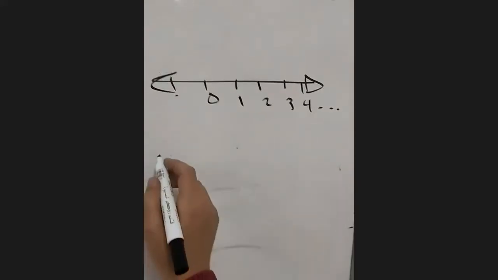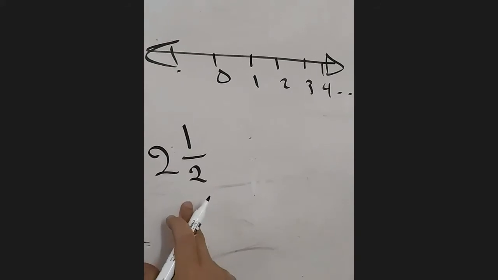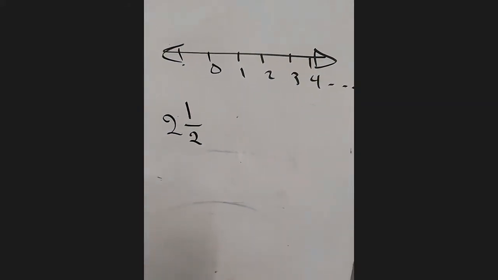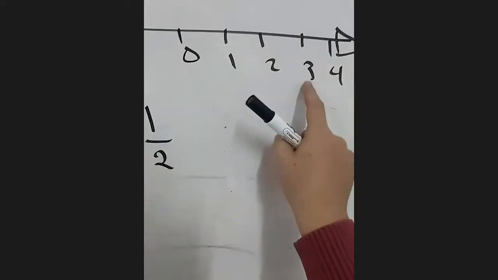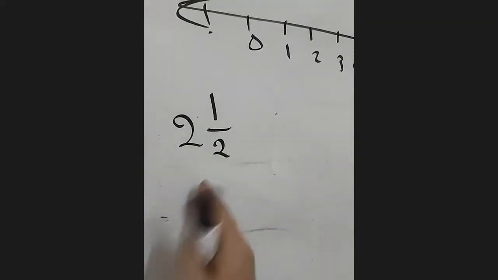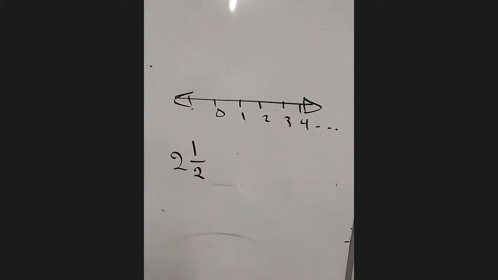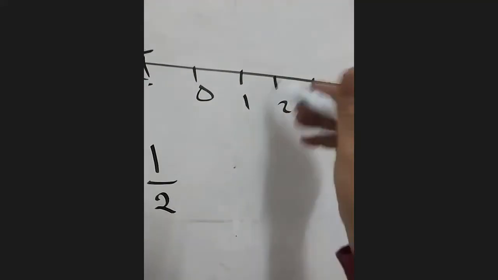Now when I say 2 and 1 over 2, 2 and a half, between which two numbers will it be? Between 2 and 3. Like when I say the price of Pepsi is 2.5 riyals. 2 and a half is between 2 and 3 here.